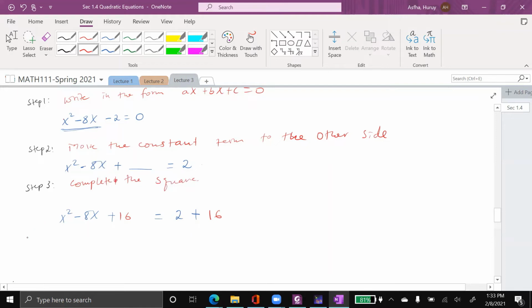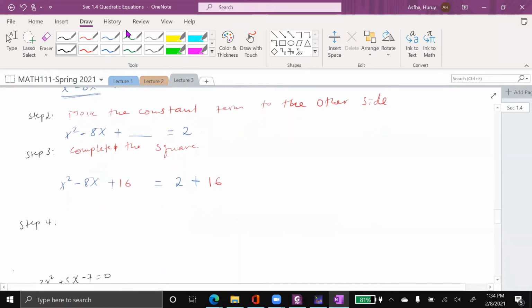Complete the square. And then the next step: here we have x squared minus 8x, and this term, we need to factorize this one.